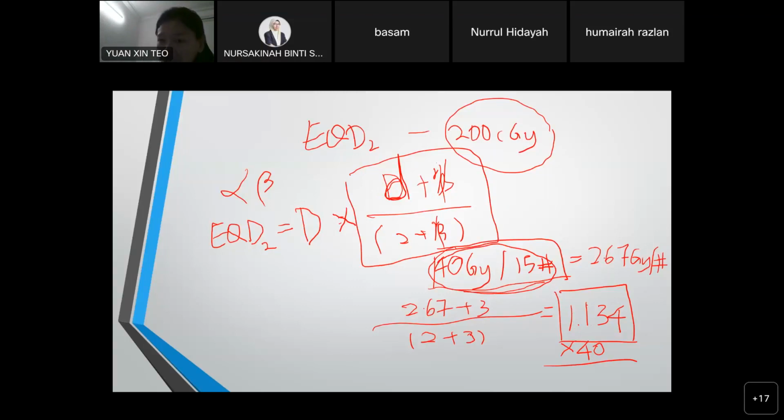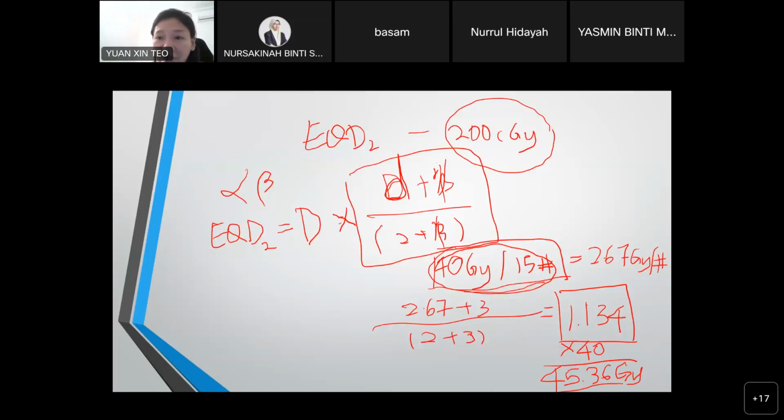So in actuality the patient will receive 45.36 gray. Do you understand this? Okay, now you understand.